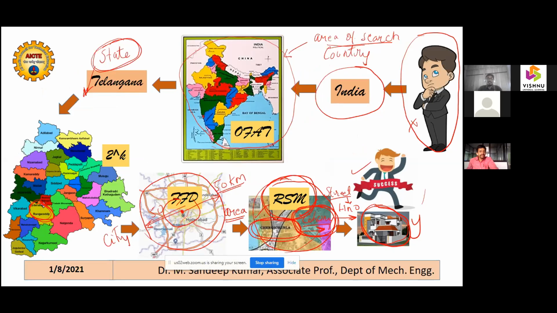You have selected an area of search, narrowed down to it, and you know that exactly in that area you will get the optimal condition. So can any researcher guarantee that in this exact area of search I have got it?